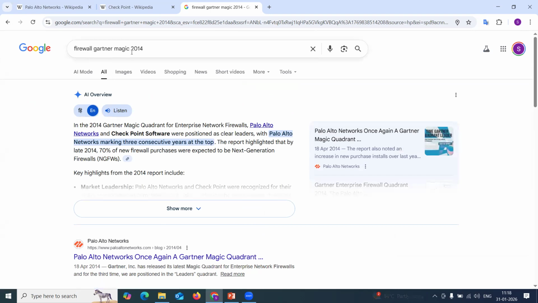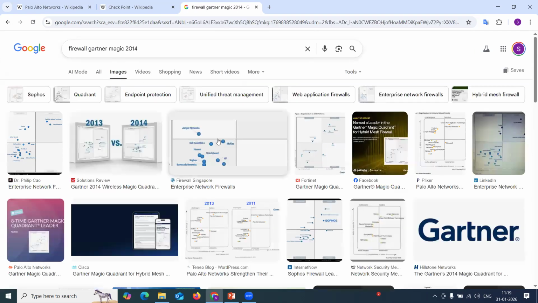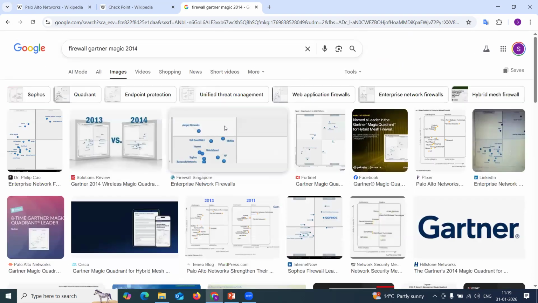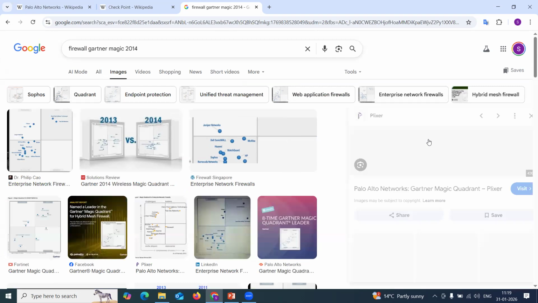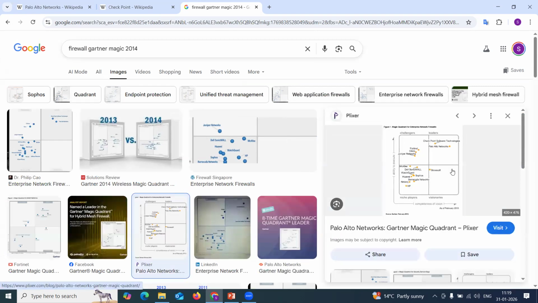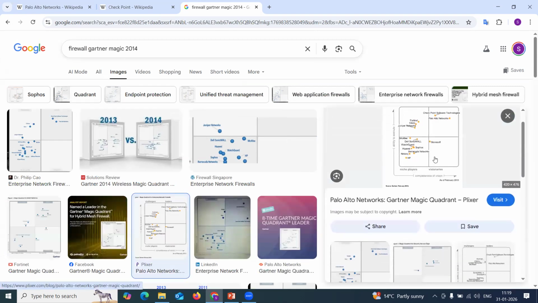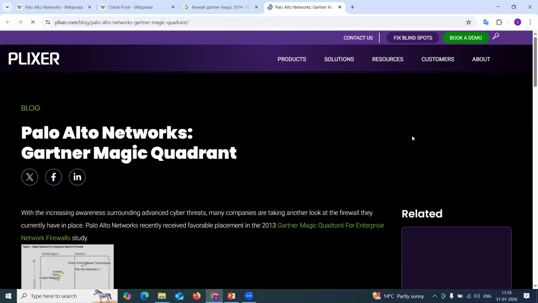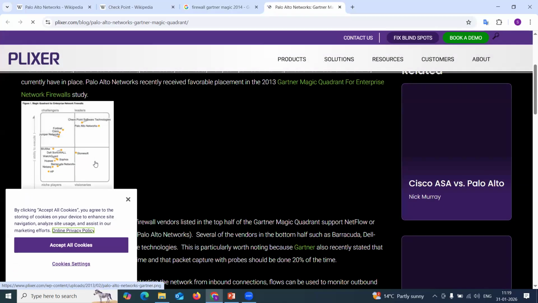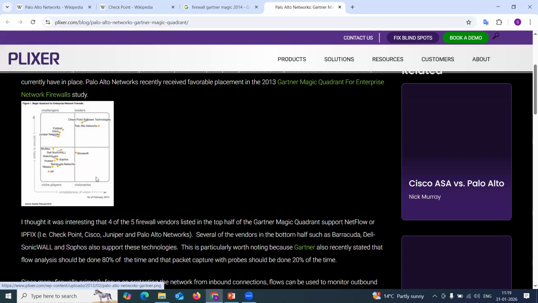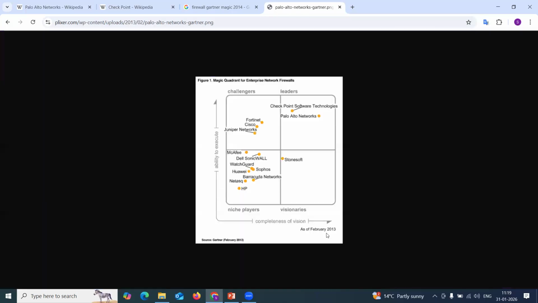Firewall Gartner Magic Report of 2014. Let's see some traces if we have here. Okay, I guess here it should be. Yeah, if you see here, this report is somewhere 2013.